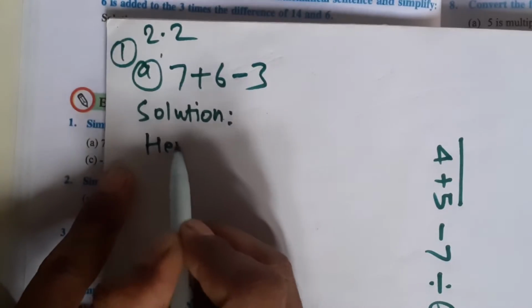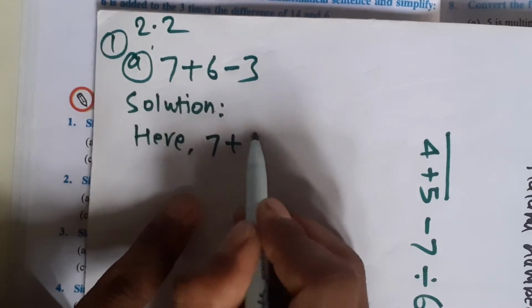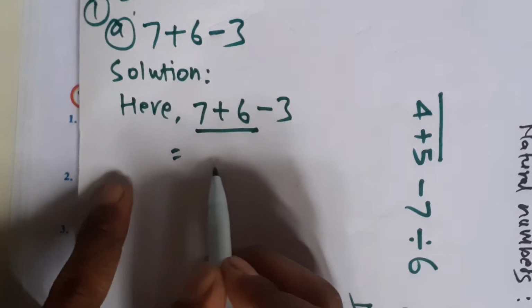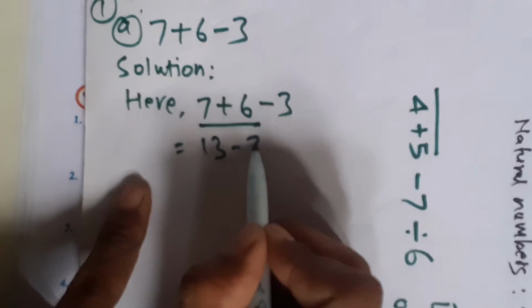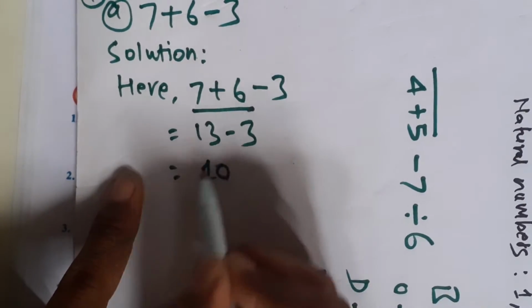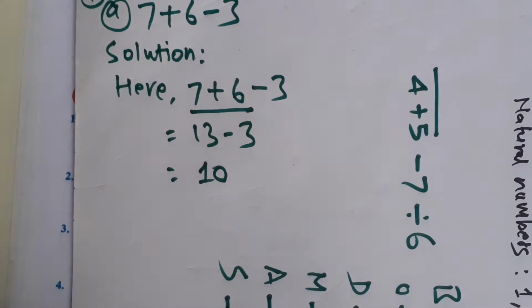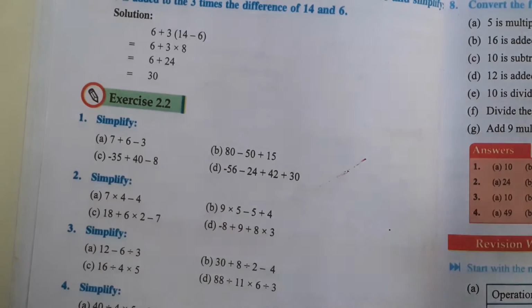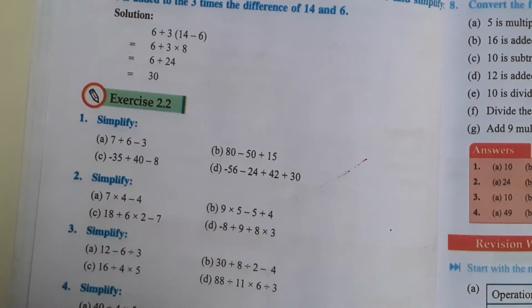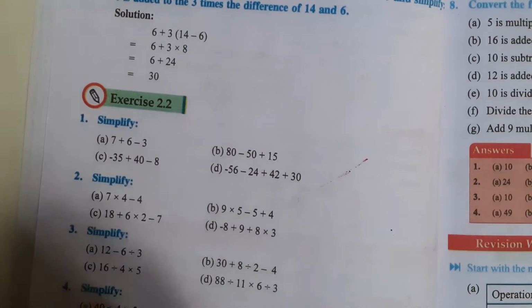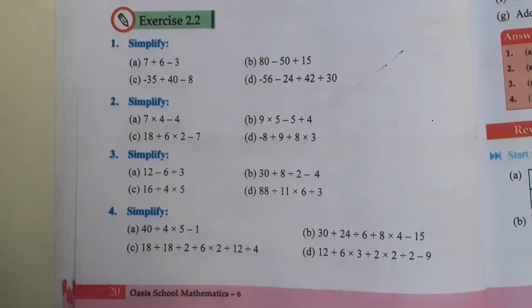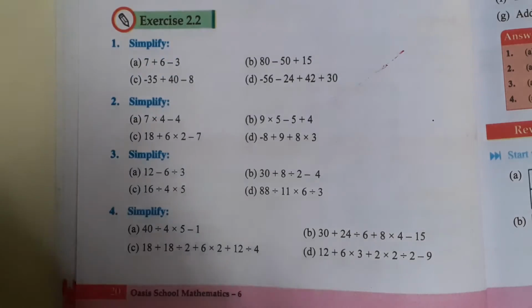What is the question? 7 plus 6 minus 3. 7 plus 6 is 13, minus 3 equals 10. That is the answer. By following the same method, you can do B, C, and D as well. 2 is also simple, 3 is also simple, and number 4 is also simple. You have to follow the BODMAS rule.